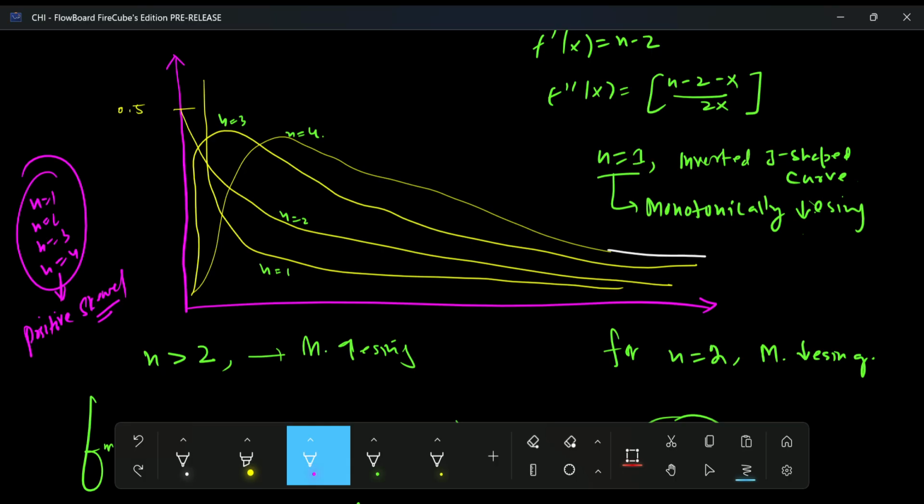As you can see, positive skewed means the tail will be on the left side. For n greater than 2, we get the positive skewed graph. For n greater than 2, the probability curve is positive. We can say the probability curve is positive skewed.